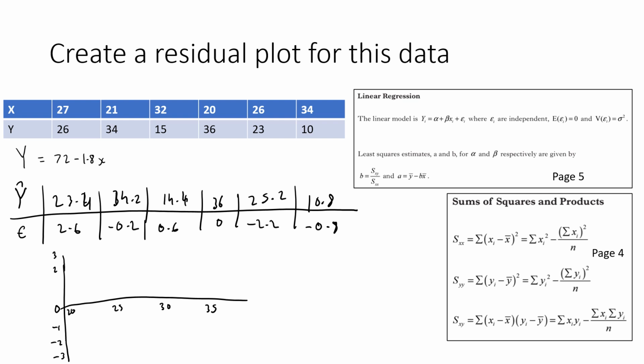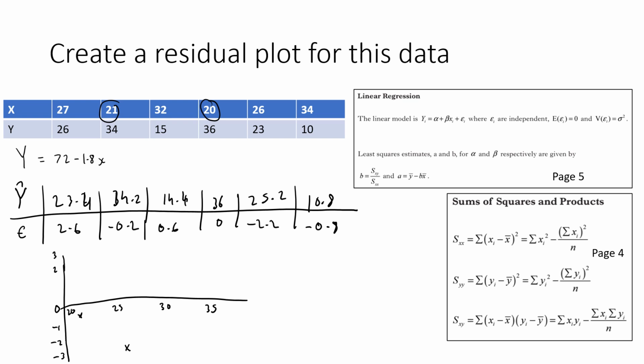Okay, so for our x value of 20, the residual was 0, so it doesn't matter. X value of 21, it was negative 0.2, so our point will be somewhere roughly here, maybe a bit higher up. Our x value of 26 had a residual of negative 2.2, so that would be somewhere down here.